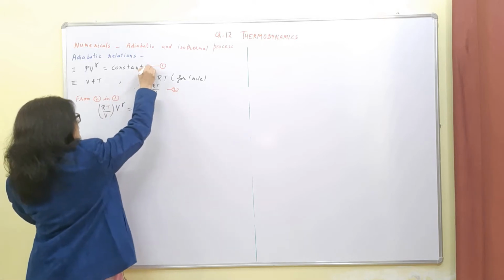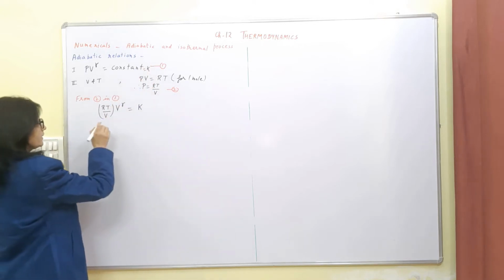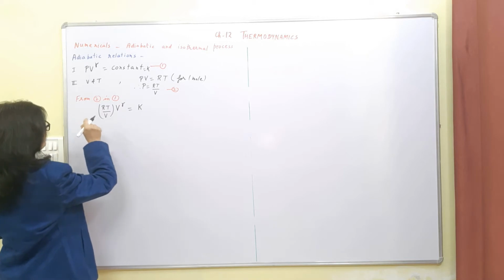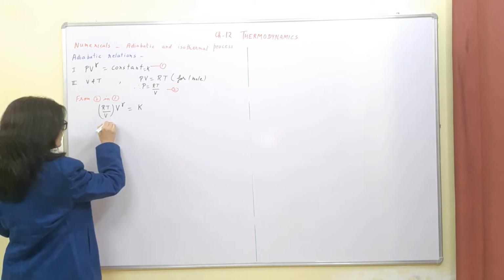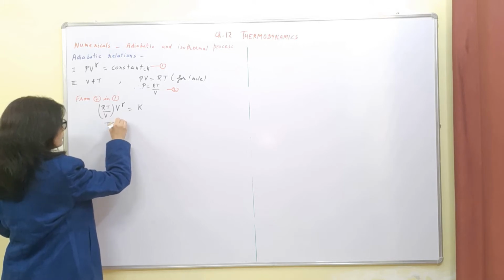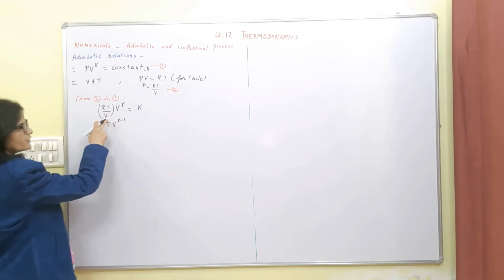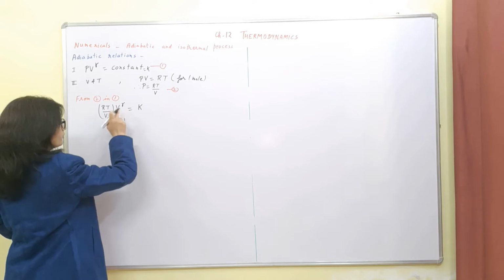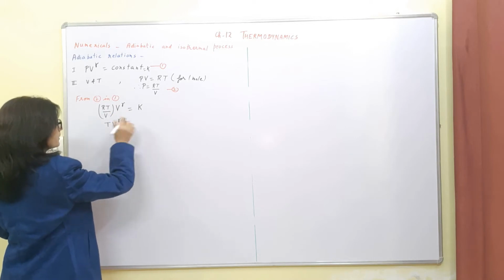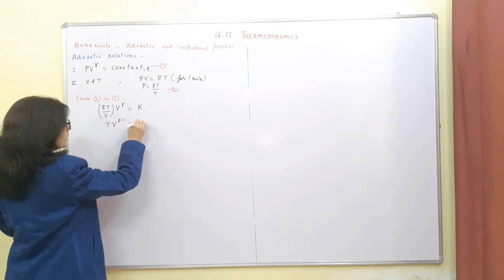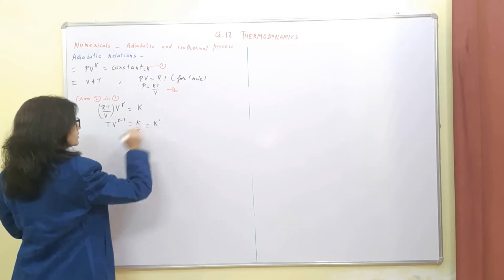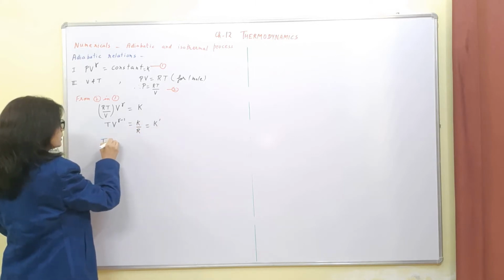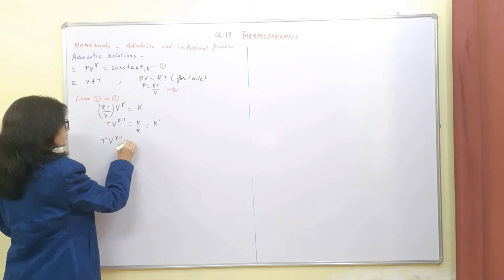We'll mark this constant as K, and then if R is taken this side, T is kept this side, this will be V to the power gamma minus 1 because V will be taken in the numerator and it will have minus 1 power. So this is equal to K upon R. This is also another, new constant. So we can write down T V to the power gamma minus 1 is equal to constant.